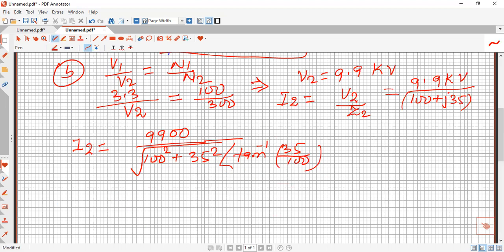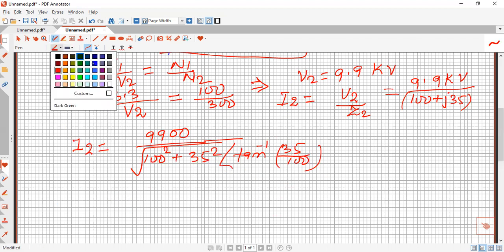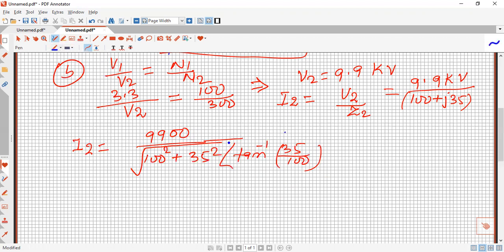This angle portion is outside the square root, not inside. The square root is only this.